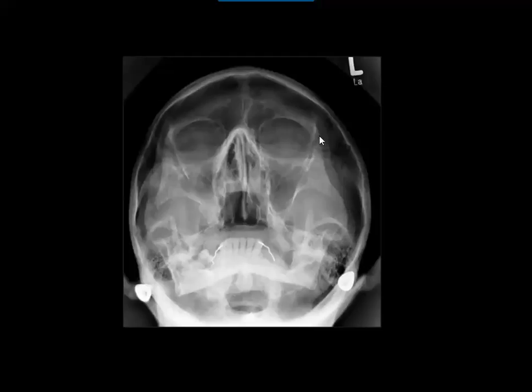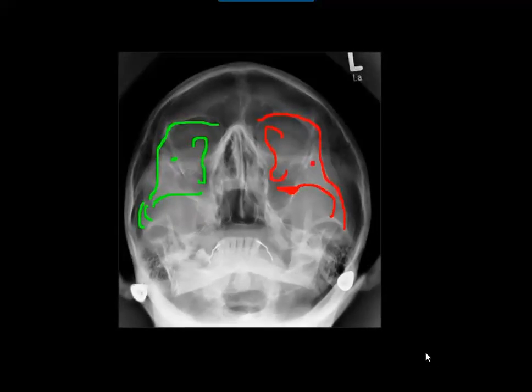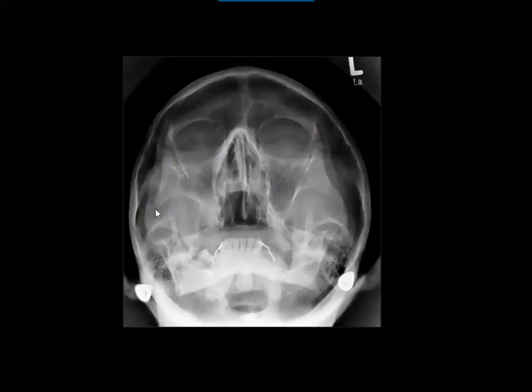Then the elephant head should be of a smooth configuration, and whenever there is disruption of any of the outlines of the elephant head, we think of maxillofacial fracture. As you can see here, there is some deformity here, and there is some separation there, and the zygomatic arch is fractured here compared to the opposite side.